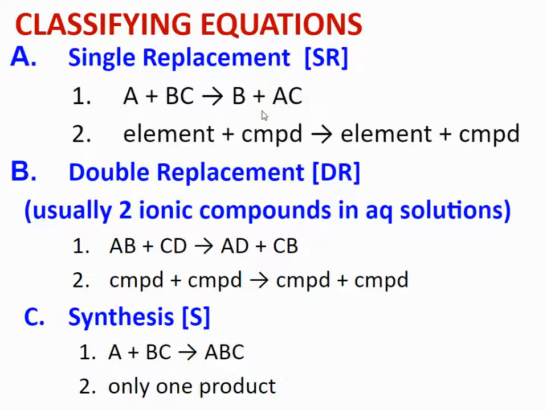So it will always look like element compound equals element compound, or yields element compound. Remember, you can say equals because I'll understand what you're saying, but yields is the correct term for our arrow. That means the reaction. A lot of stuff happens in this area, but single replacement is element compound, element compound.